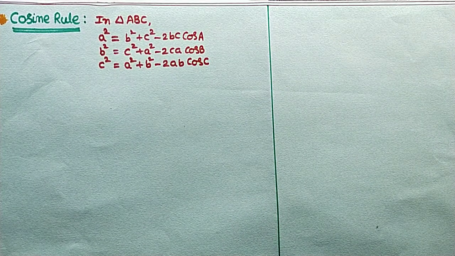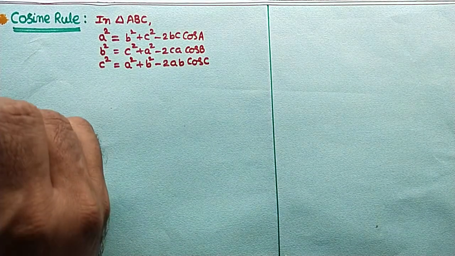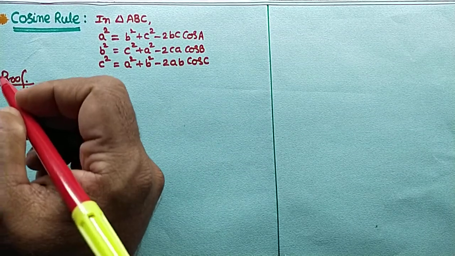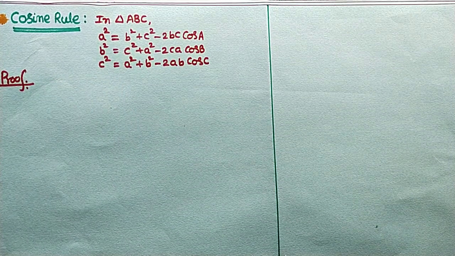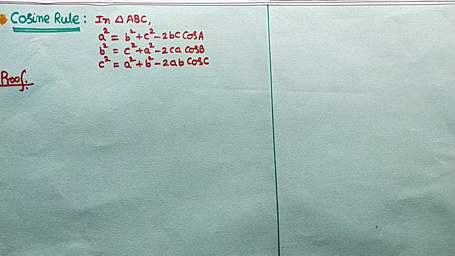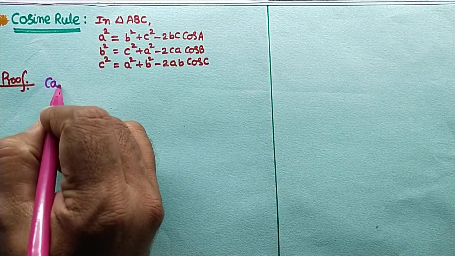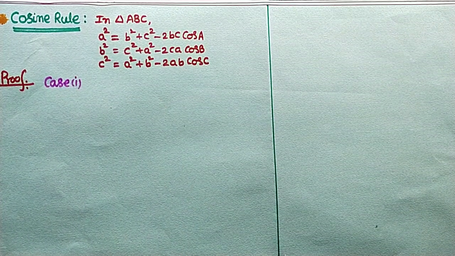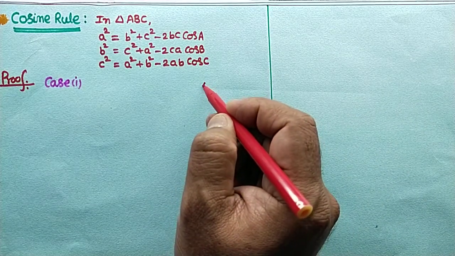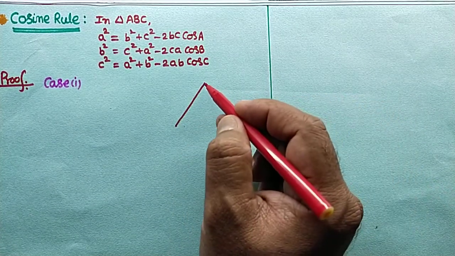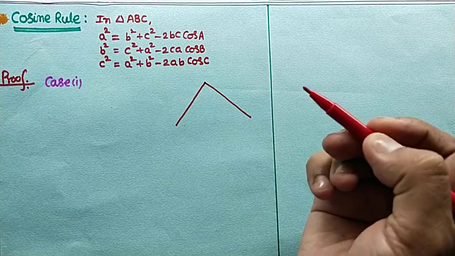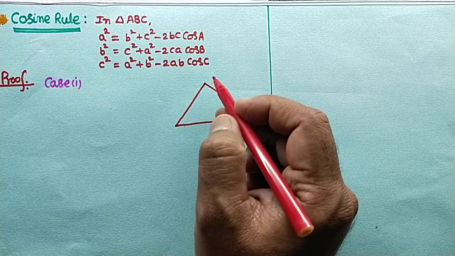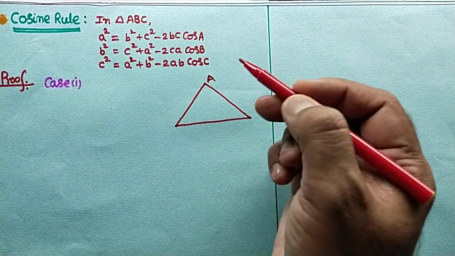We will discuss the proof of cosine rule in three cases. In case 1, consider a triangle ABC.